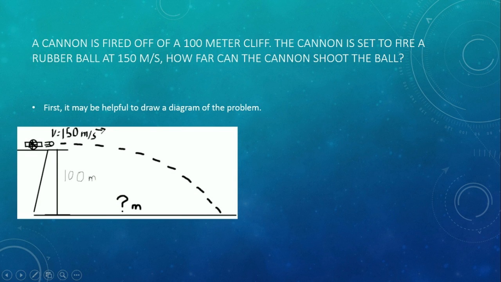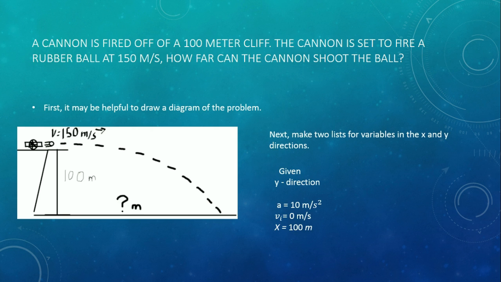Here I have a cannon, there's a ball. This is a dotted trajectory of the ball, and it's off a 100-meter cliff, and the initial velocity is 150 meters per second. So what we need to find is the range. How far does this little ball go? Like I said, first we need to split up the components into x and y and pull out everything we need.